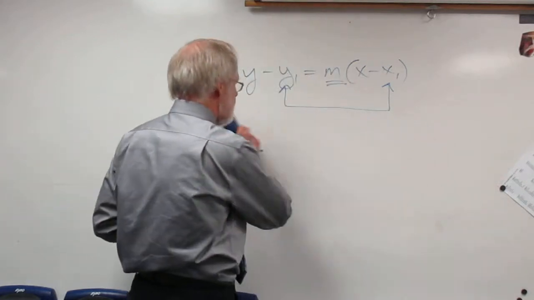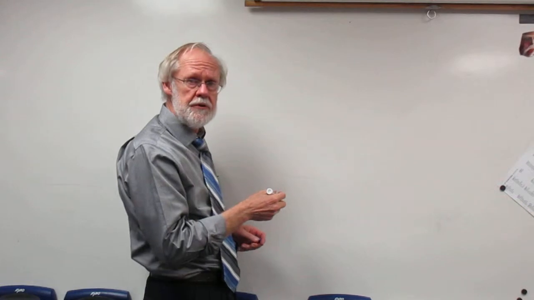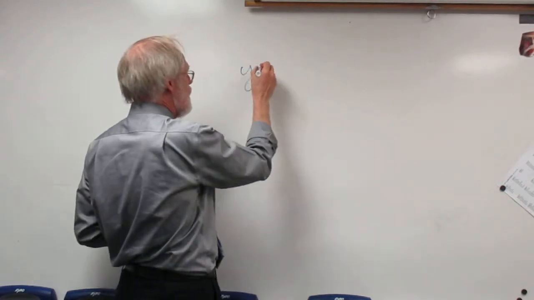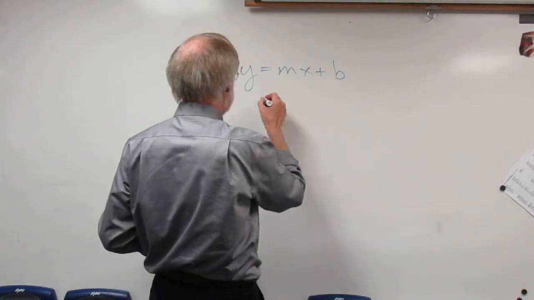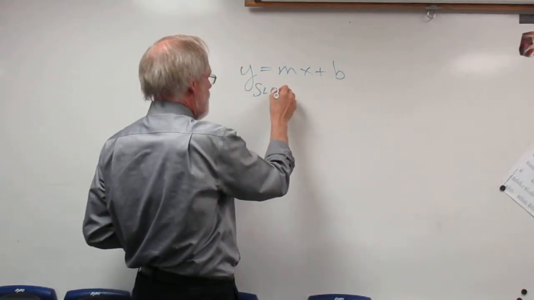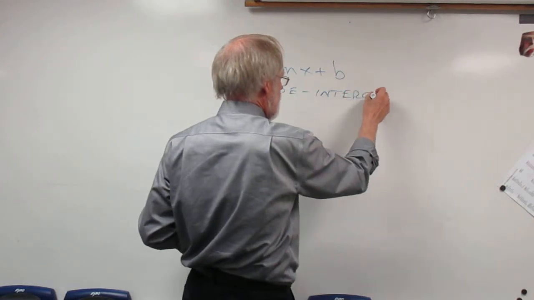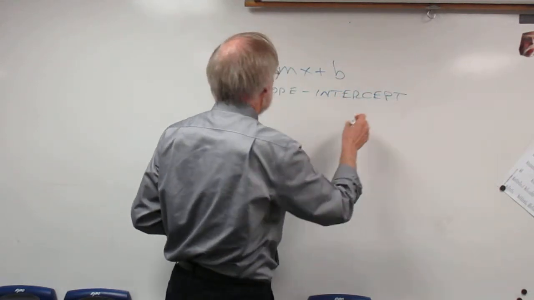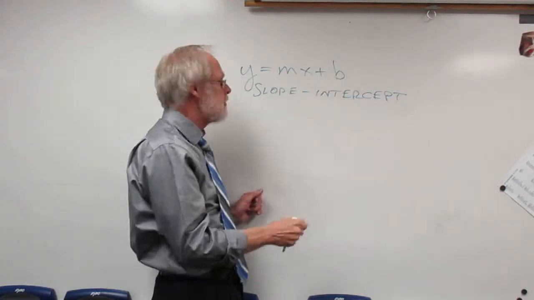All right, let's back up for a minute now. We have two forms of linear equation. We have y equals mx plus b, and that is slope-intercept form. And the reason, of course, it's called slope-intercept is because that's the slope and that's the y-intercept.